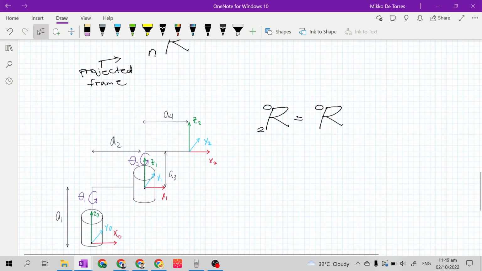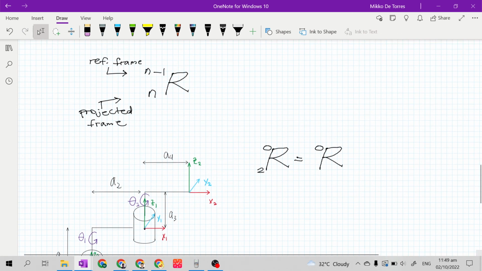So it will be R01. As you can see, class, the R01 is equated to R02. So it means we will have here an equation, a multiplication operation of matrices.